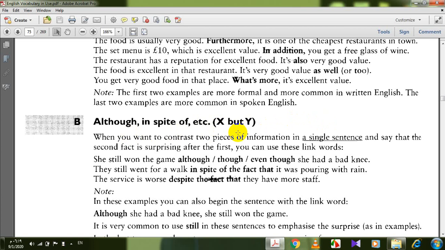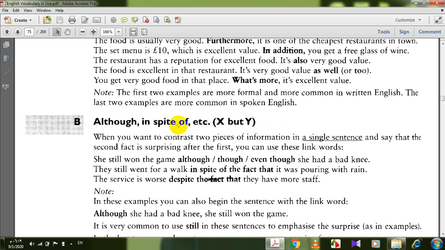Although he studied hard, what do we expect when somebody studies hard? We expect that he passes the exam. So it happened that he didn't pass the exam, so it was a little bit surprising to us.